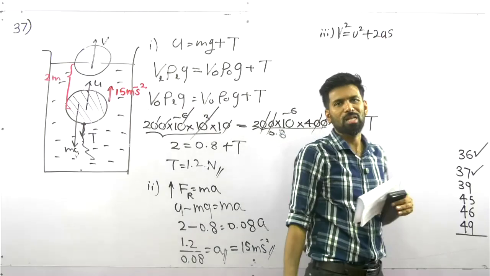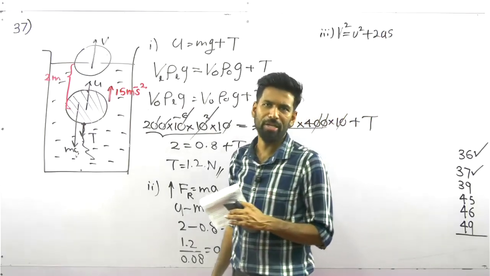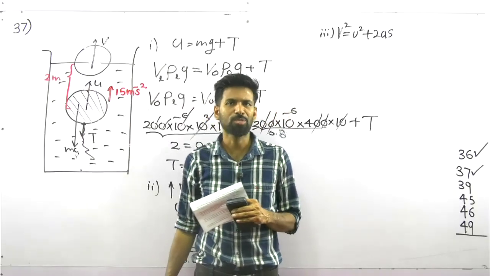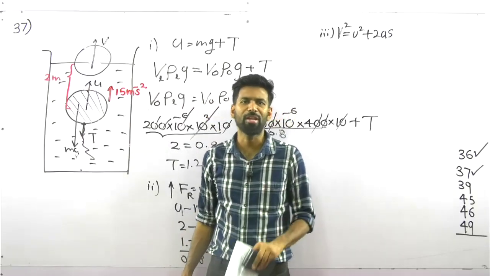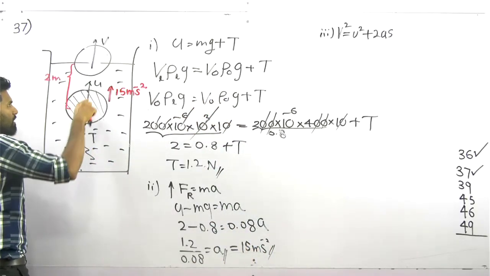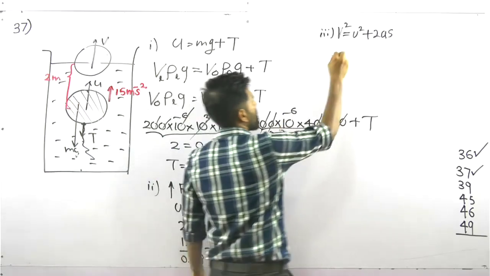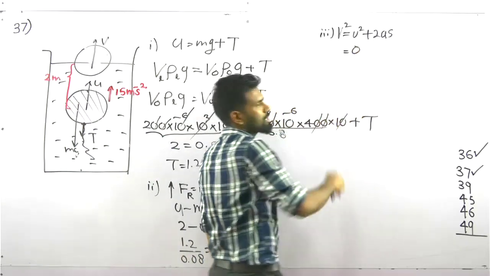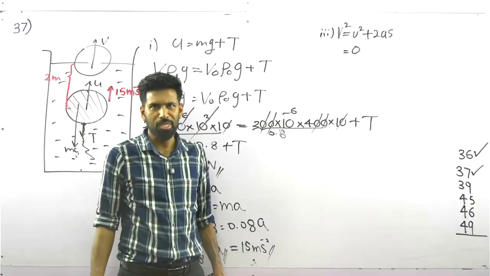After the string is cut, the upthrust force is greater and mg is lesser, so it moves upward with an acceleration of 15 meters per square second. As soon as the string is cut, the initial velocity is 0.